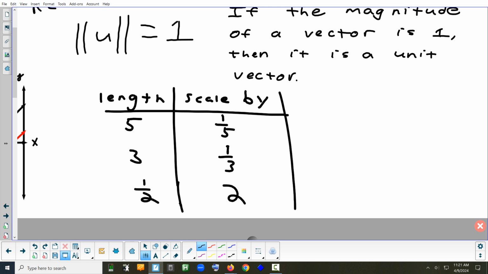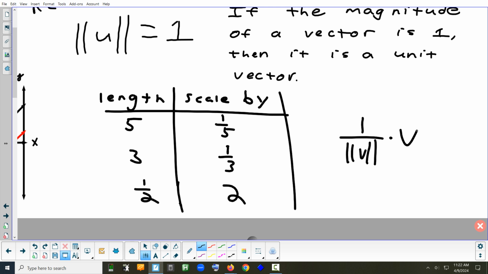So if this was your vector, let's call it v, the reciprocal of the magnitude would look like this. That's how you scale a vector, by the reciprocal of its magnitude.